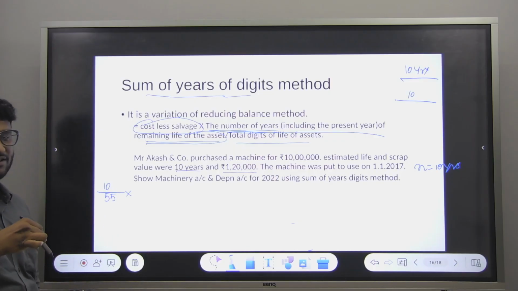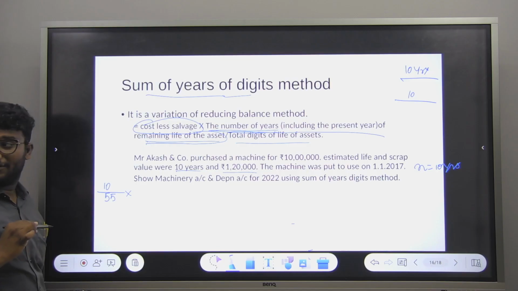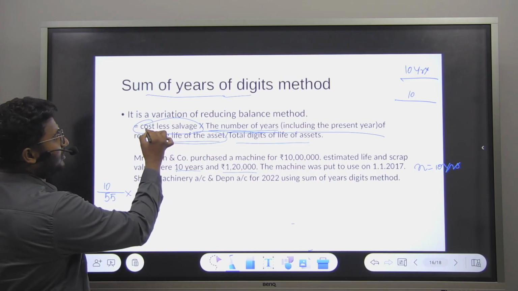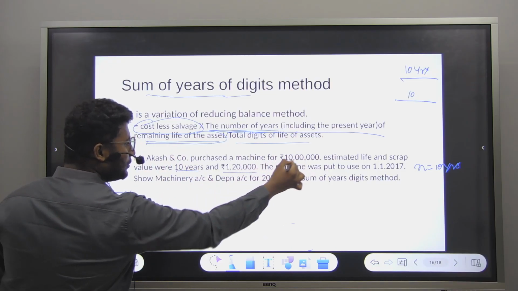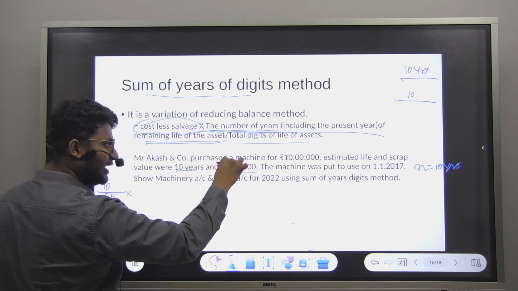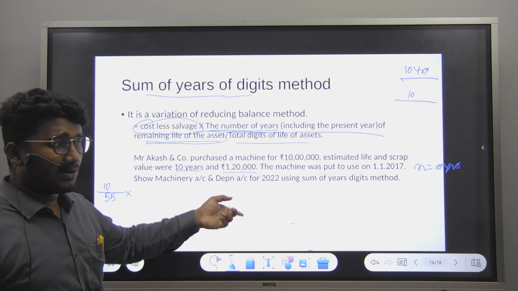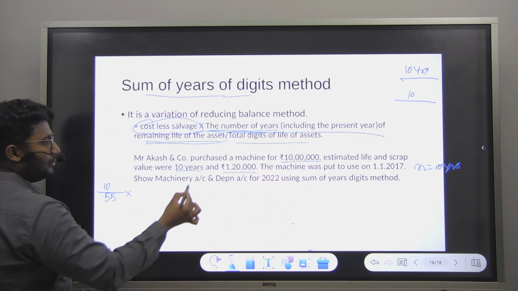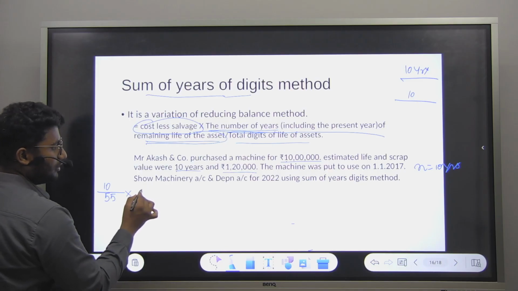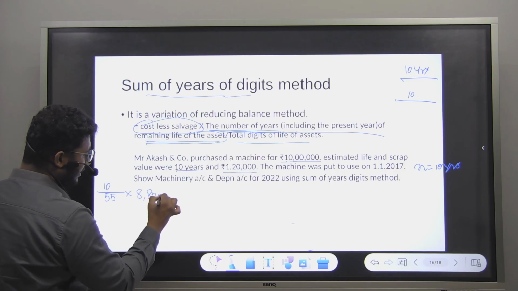If we are charging the first year, we still have 10 years of life, so 10 years divided by total digits of all the assets, that is 55, multiplied by cost less salvage. What is the cost? The actual cost, 10 lakh rupees minus salvage value 1,20,000, plus installation charges if any, which we must add. Here there are no installation charges. So the cost of machinery is 10 lakh minus 1,20,000, which comes to 8 lakh 80,000 rupees.